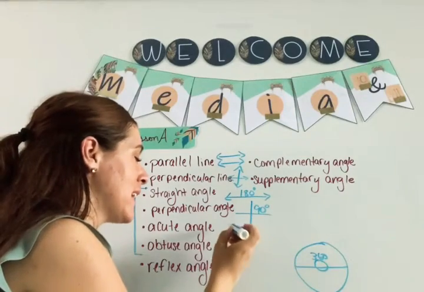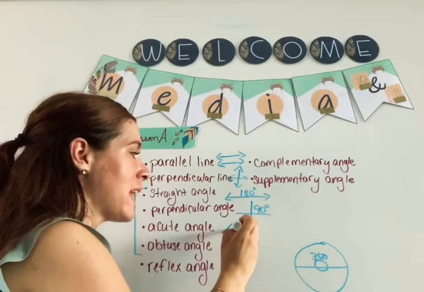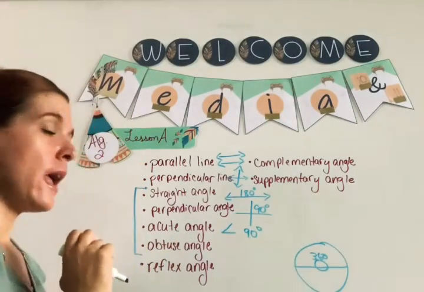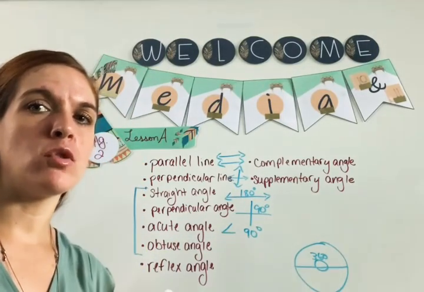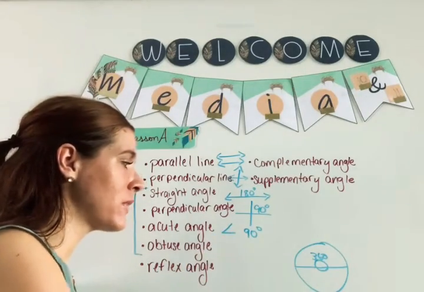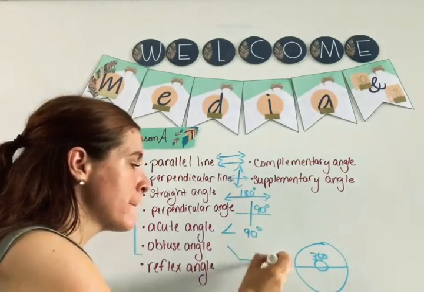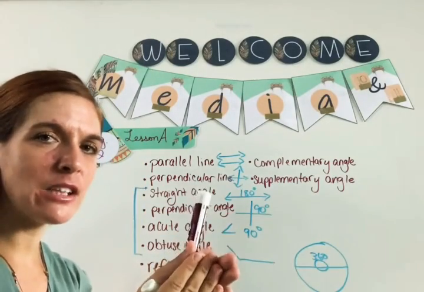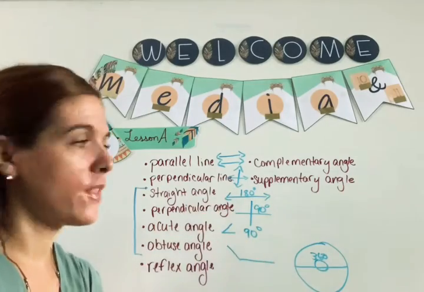So an acute angle is something that is less than 90 degrees. Okay? An obtuse angle, obtuse means big and fat, right? So an obtuse angle is something that is bigger than 90 degrees. Okay? Acute, less than 90 degrees. Obtuse, bigger than 90 degrees.